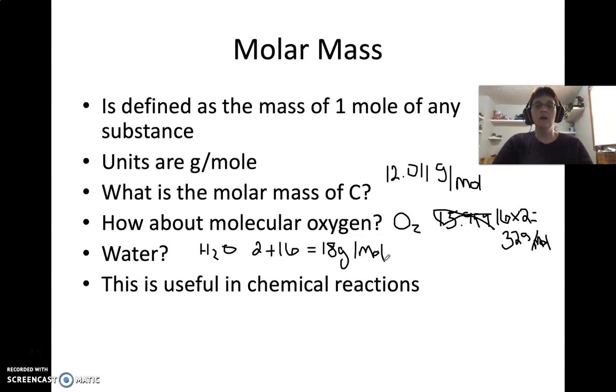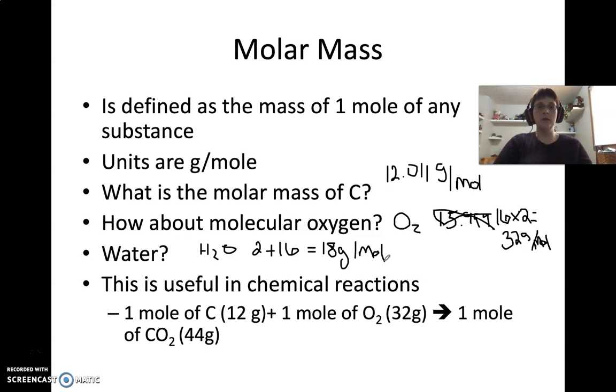And this becomes really useful in chemical reactions. So let's take a look at how that might be helpful. This is why we were looking up some of these. 1 mole of carbon, 12 grams, plus 1 mole of molecular oxygen, 32 grams, is going to yield 1 mole of carbon dioxide at 44 grams.